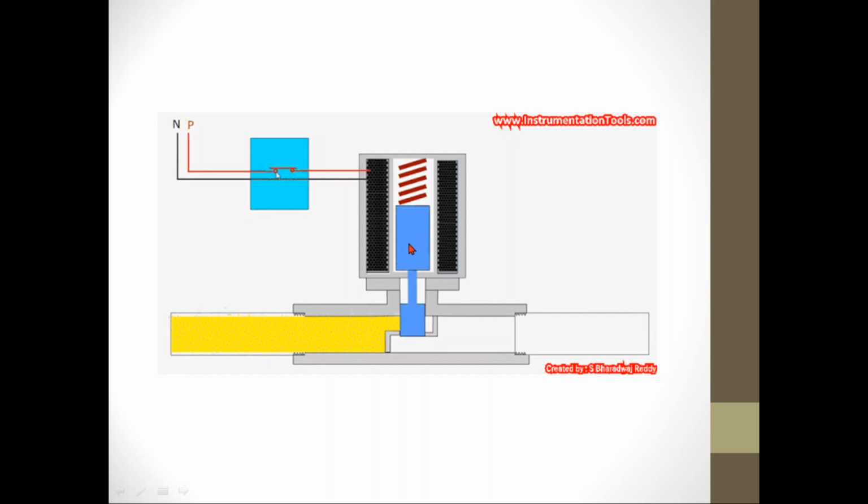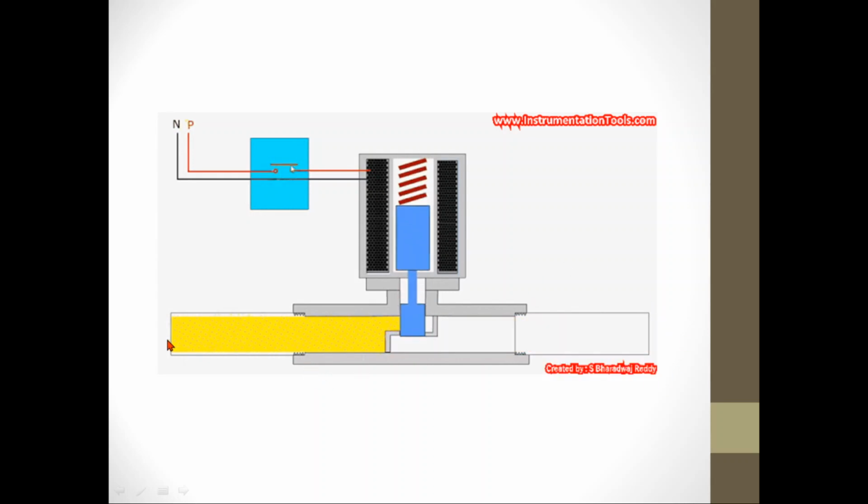The plunger is made of magnetic material, so when there is magnetism in the solenoid coil, the plunger will be attracted. Attracted means it is pushed in this direction. Once the plunger is pushed upward, the opening from the inlet to the service port is now open.